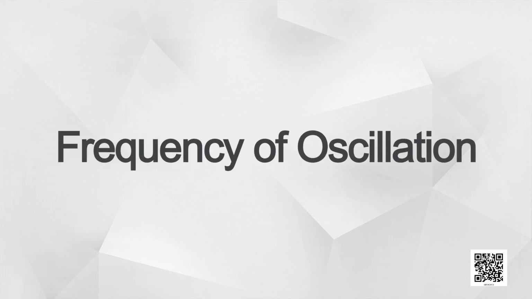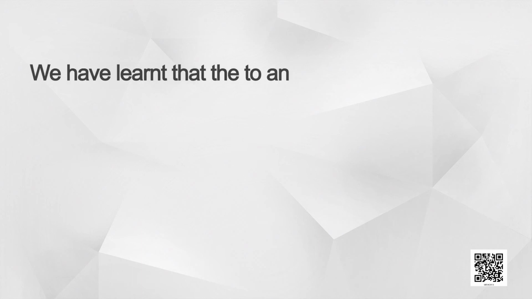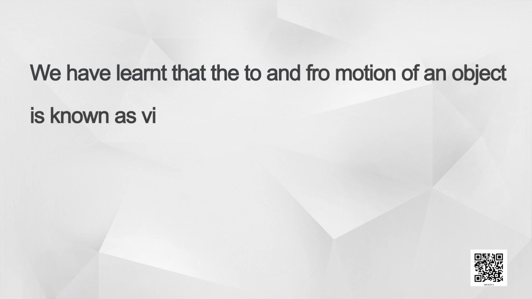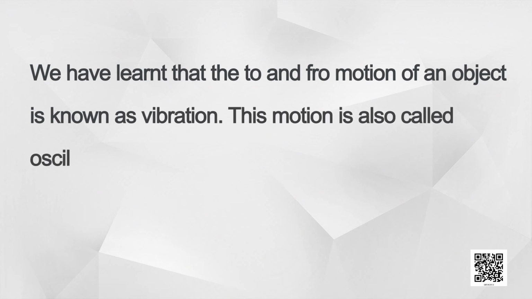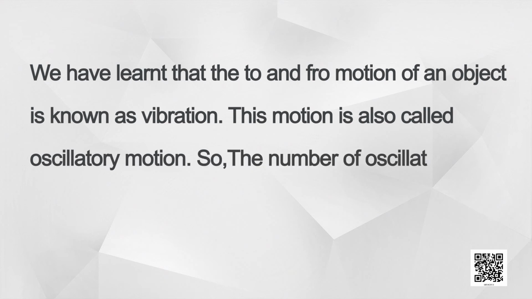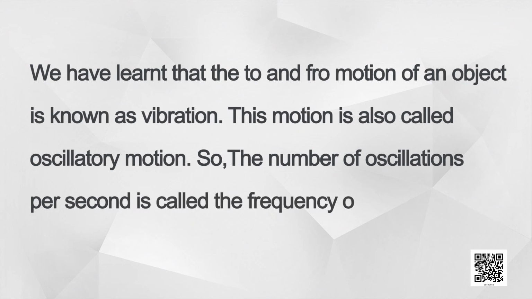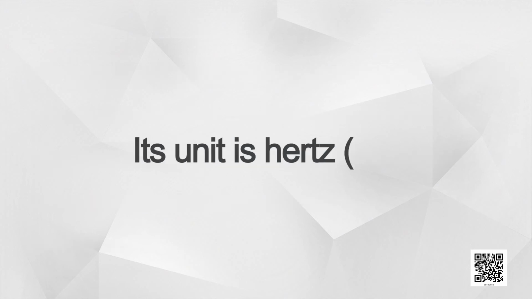Frequency of oscillation. We learned that to and fro motion of an object is known as vibration. This motion is also called oscillatory motion. So, the number of oscillations per second is called the frequency of oscillation. Its unit is Hertz, Hz.